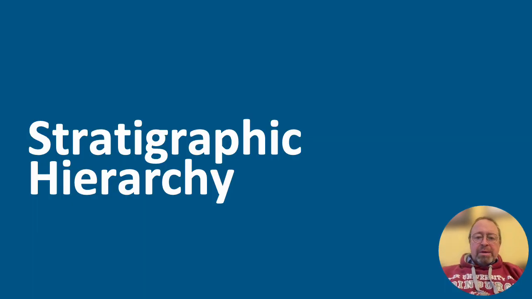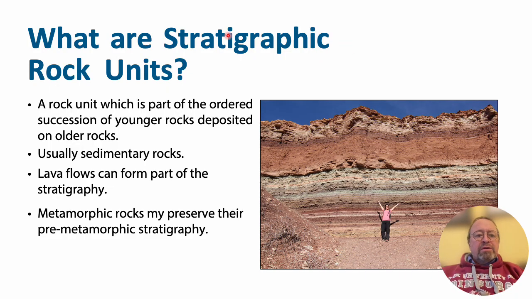So let's talk a little bit about stratigraphy and the hierarchy of stratigraphy, which is important when you come to look at complicated real maps. So, stratigraphic units, what are stratigraphic units? A stratigraphic unit is essentially an assembly of beds that have been lumped together into groups. They're usually sedimentary rocks, but not always.